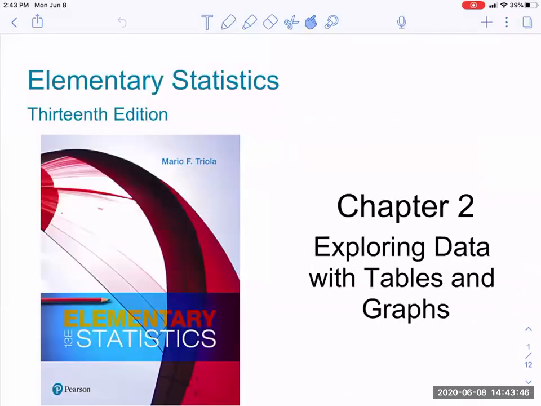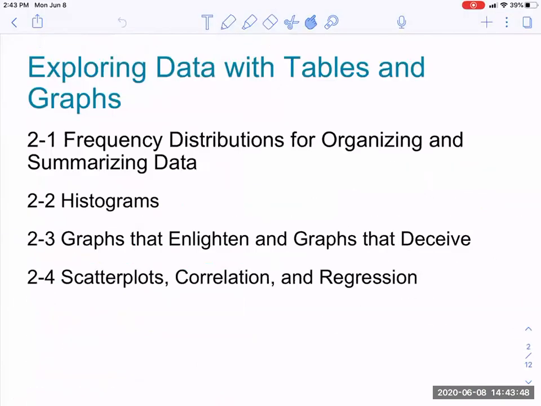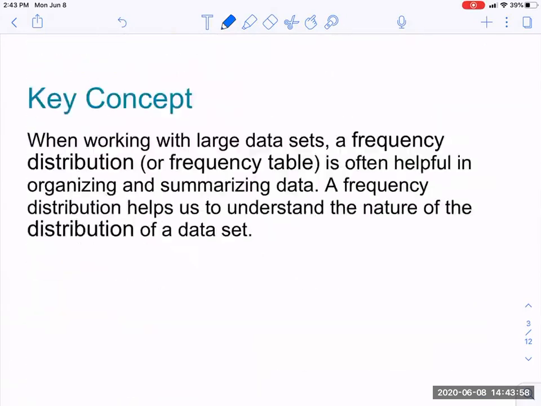So what I mean by that is once we do a frequency table, we get a histogram for free. We're starting to learn to make graphs because we want to organize and summarize our data. You'll see when I do an example what I mean by that.